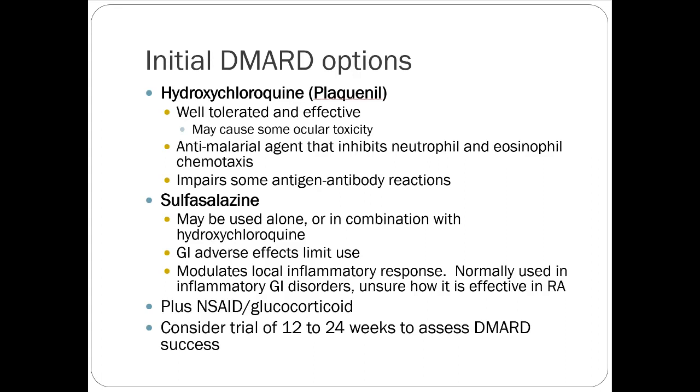It's pretty inexpensive, so compared to some of our newer agents, which are very expensive, this one could be an option for patients with cost-prohibitive issues. It was actually an anti-malarial agent originally, but they find that it has some modulating effects on neutrophils and eosinophils, and that helps cause some anti-inflammatory effects.